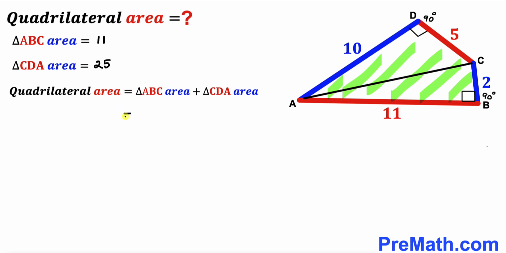The ABC triangle area is 11 plus the area of the other triangle CDA is 25. If we add, that gives us 36 square units, the area of this quadrilateral ABCD.